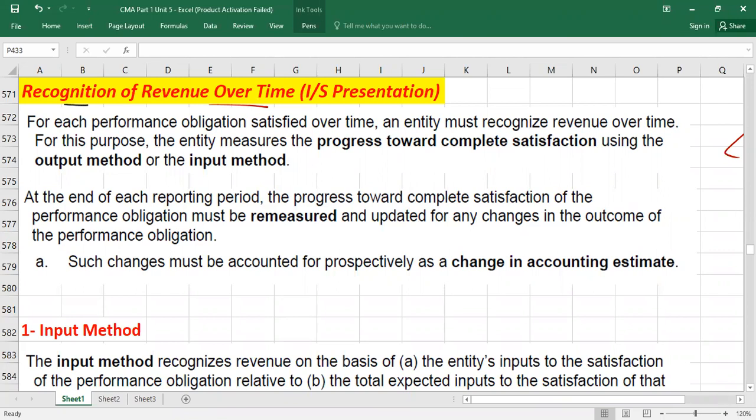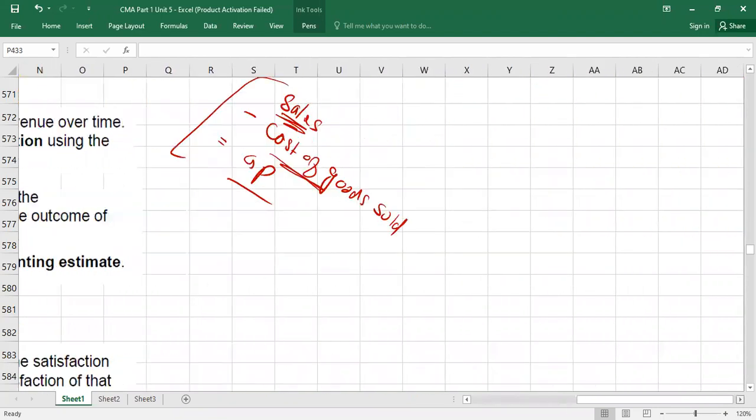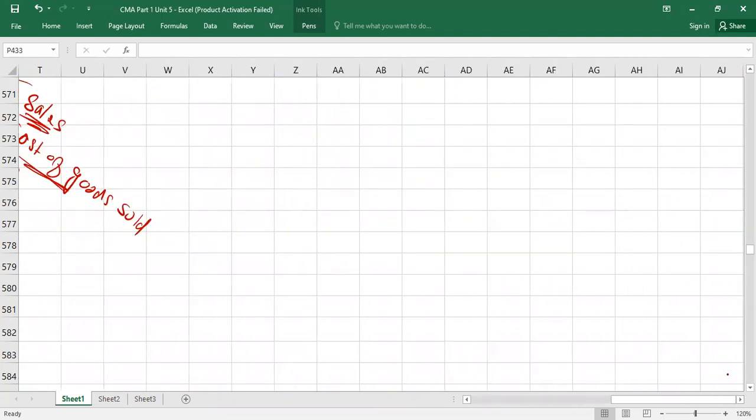Understood? So guys, here I will teach you almost 3 methods to recognize the revenue, and with the passage of time, I will add more methods. The first method we will use is called the input method, to recognize the revenue over a period of time.